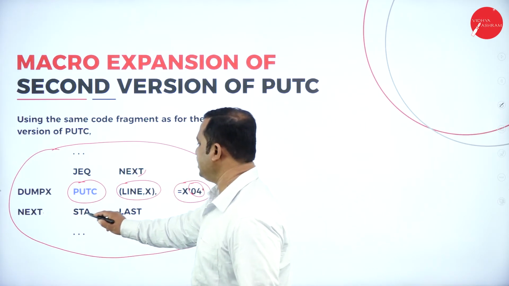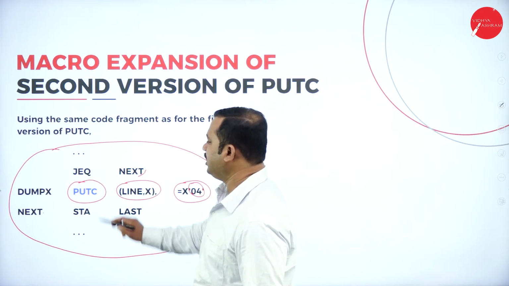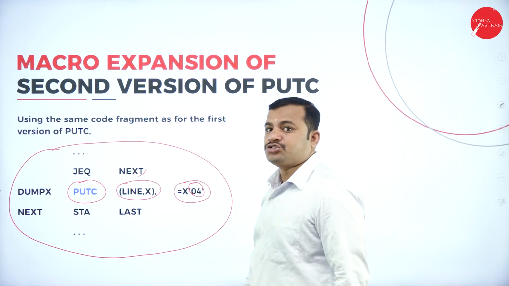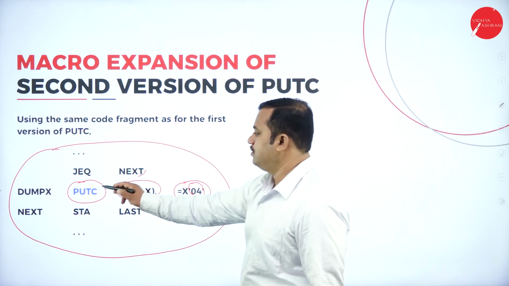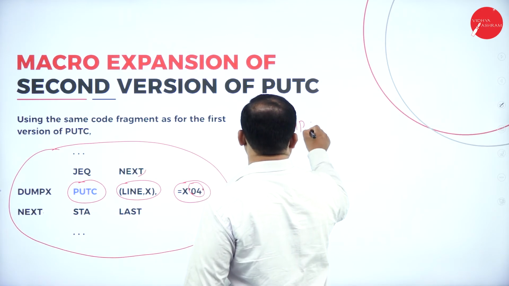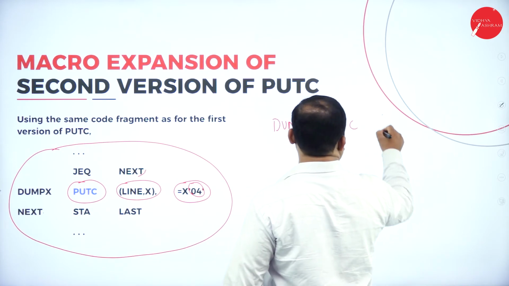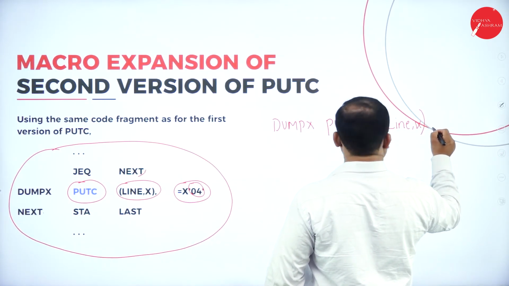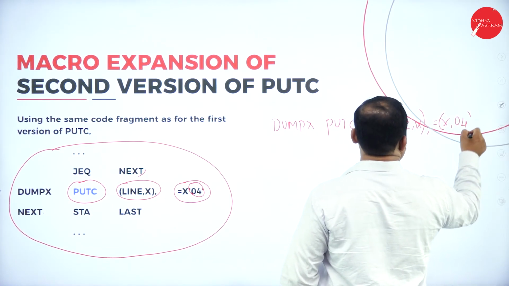It comes to here. STA last. Store accumulator with last. But if it is not equal, what happens? Once again, the PUTC function information has to be placed here. We have PUTC line, comma X, comma X, comma 04 from the same device.